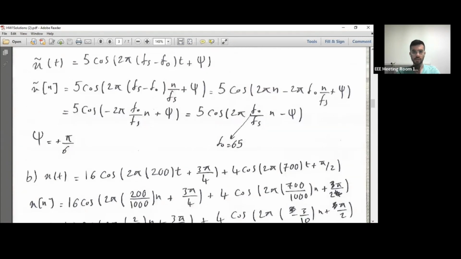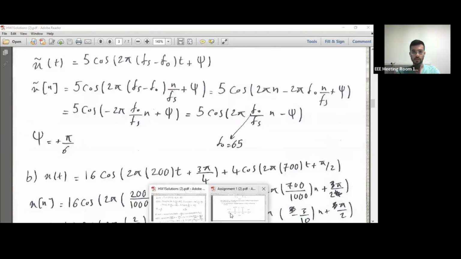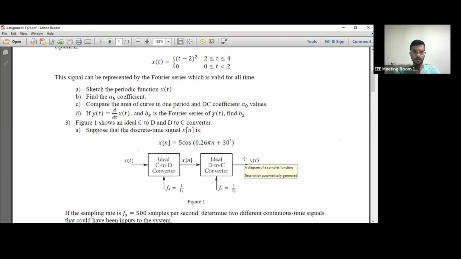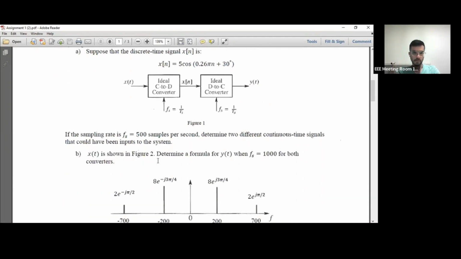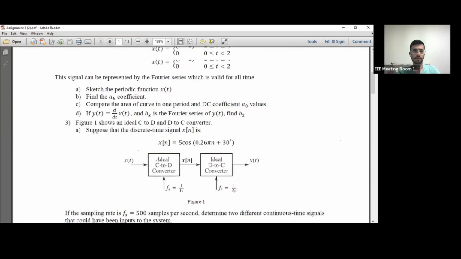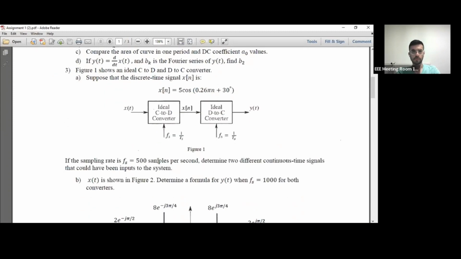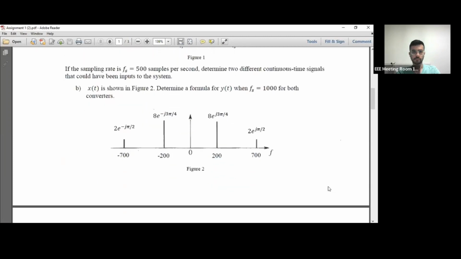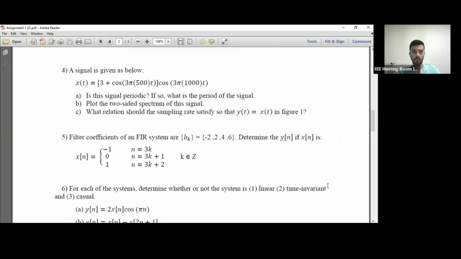This was from chapter 4, which was sampling. Let me see. Yeah, we had 2 parts. Do you have any questions regarding this question? If not, we can move to the next question.